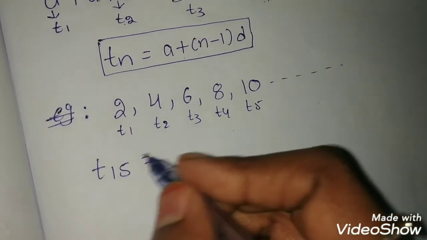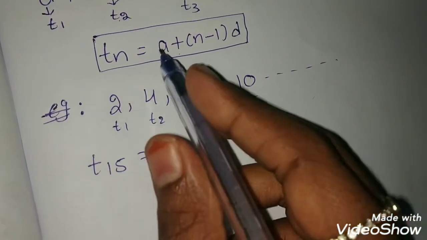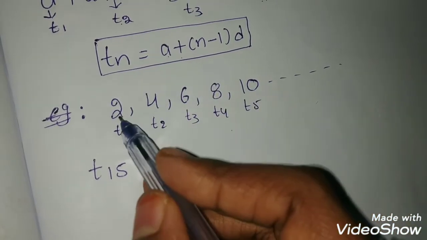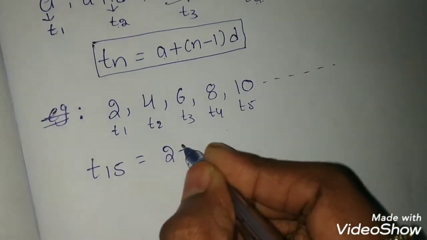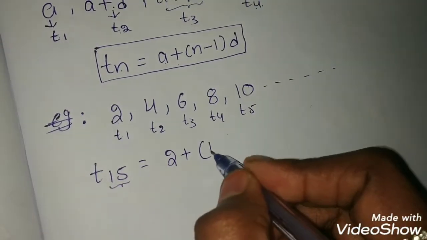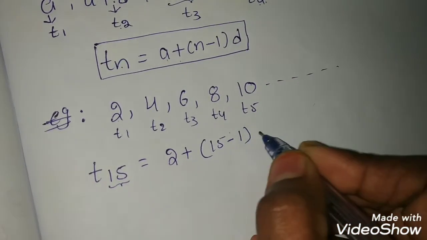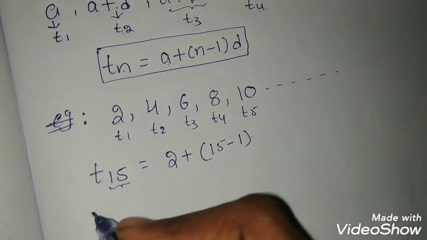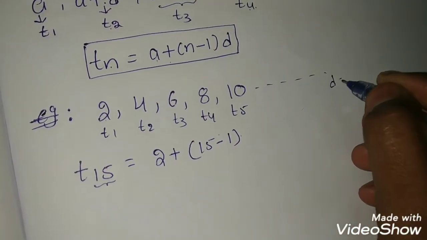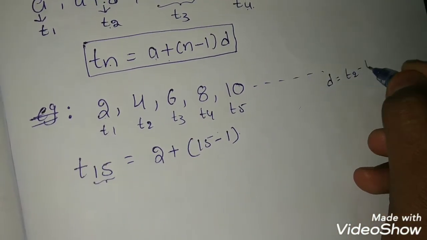See, what is the formula of tn? a plus n minus 1 into d. What is a here? A is the first term, that is 2, plus n means 15, minus 1, into d. What is d? D means common difference, that is T2 minus T1.